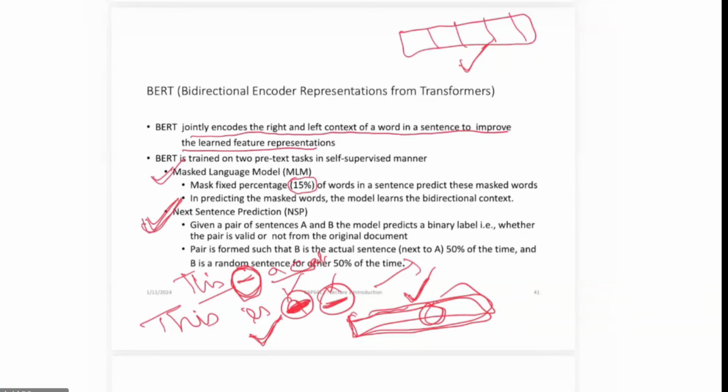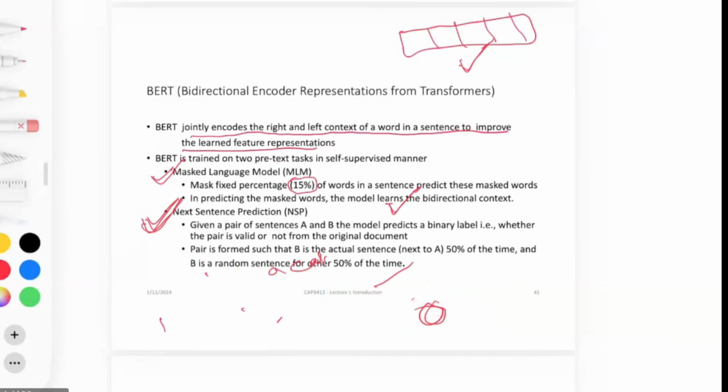The second way is next sentence prediction. In the first case, it's trying to learn the sentence, so if something is missing, it has to put the information there. Now in this next part, we make a pair and give the pair A and B to the encoder transformer, and the model has to predict either 0 or 1.